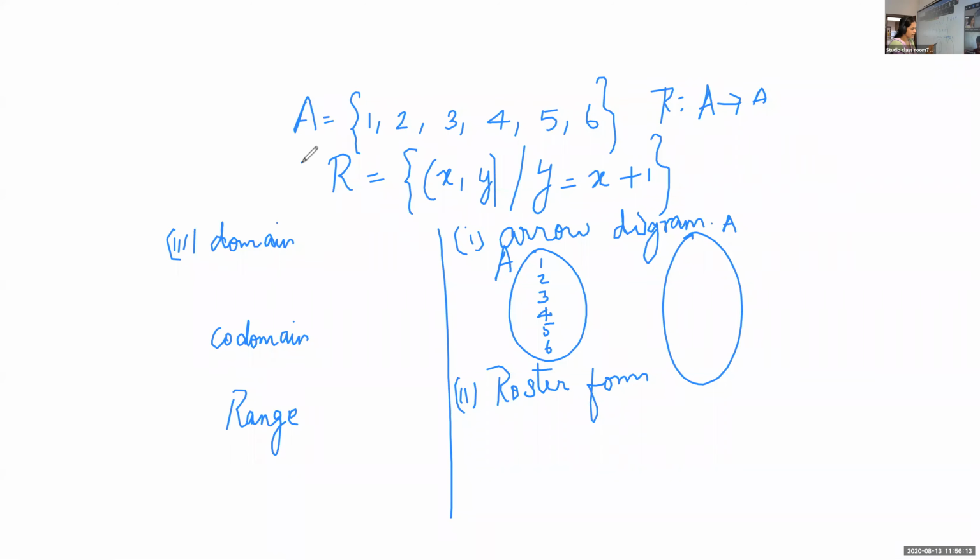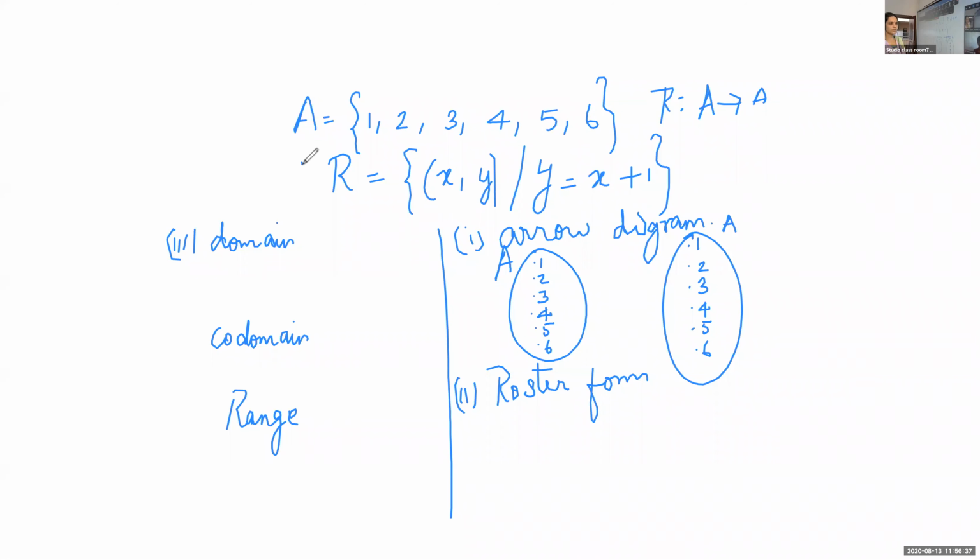So there are 6 elements. Here also, instead of B, it is from A to A, so here also we will get 1, 2, 3, 4, 5, 6.